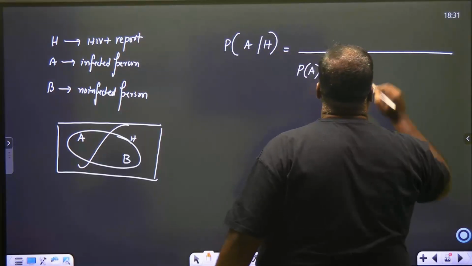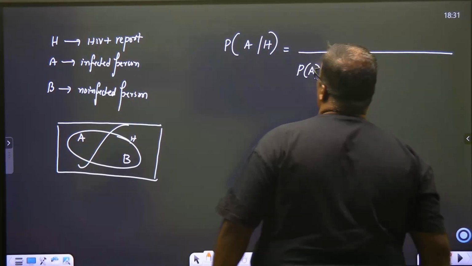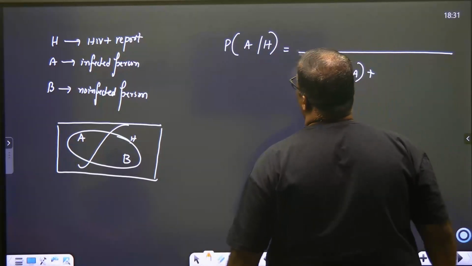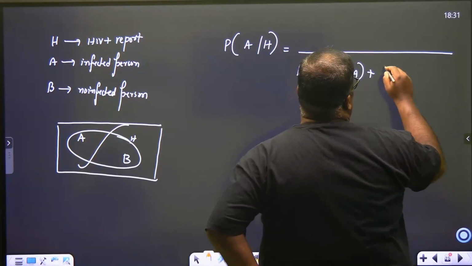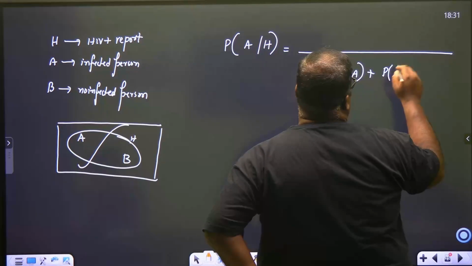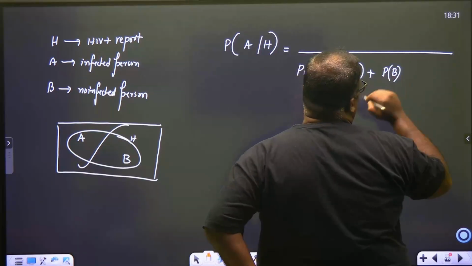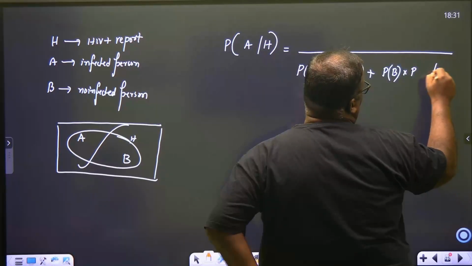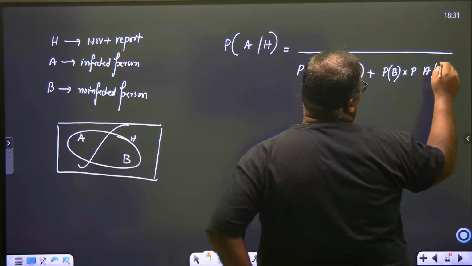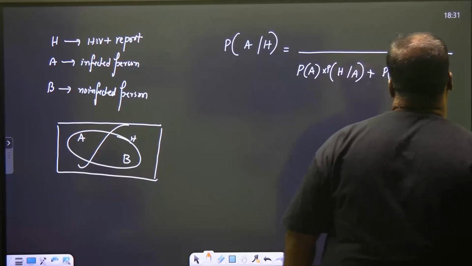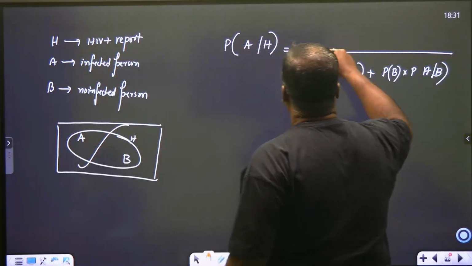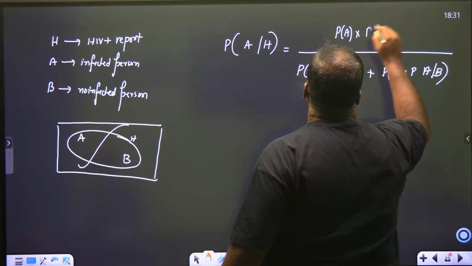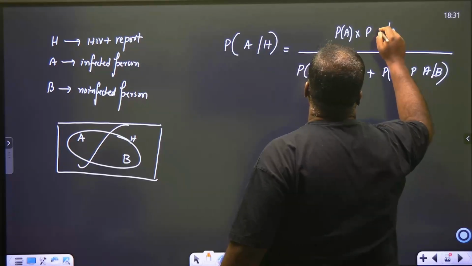And that you pick up a non-infected person, and now that you picked up a non-infected person, what is the probability of getting an HIV report? And this is your favorable, an infected person, and since you picked up an infected person, what?